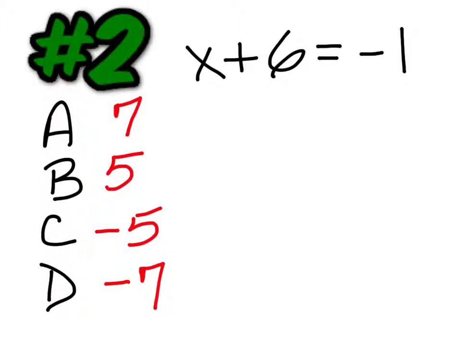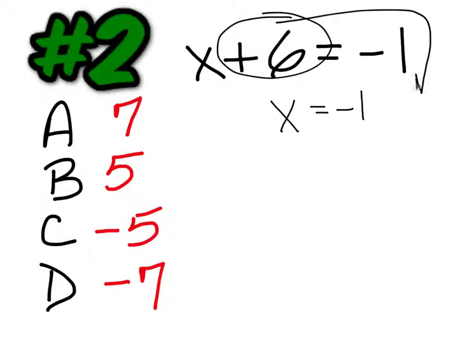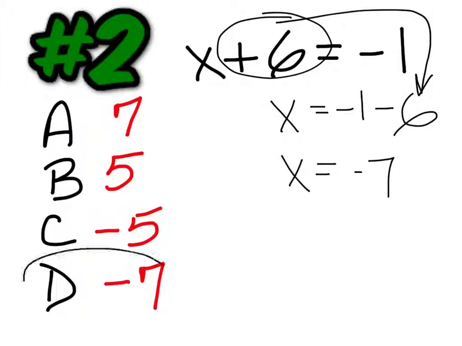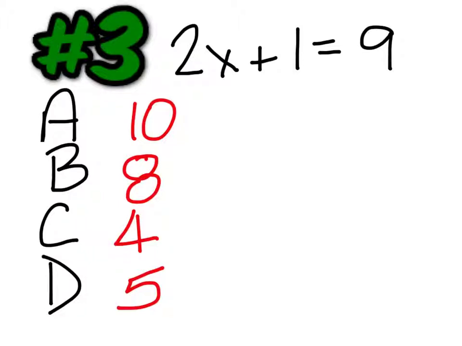What is the answer to this one? D is in dog. All right, we'll see. X equals negative 1. If I move this over to this side, I have to change the sign because I crossed the equal sign. And it is indeed negative 7. What's the answer to this one?